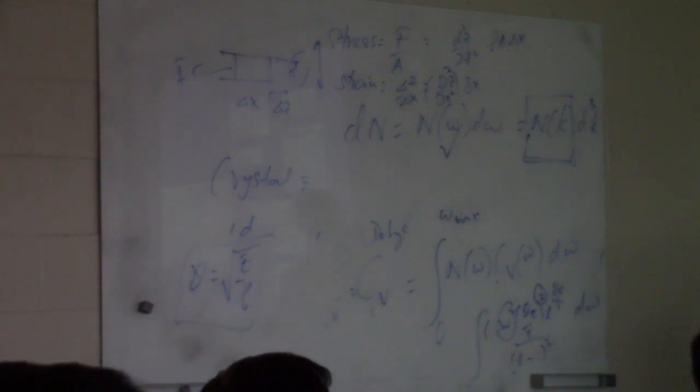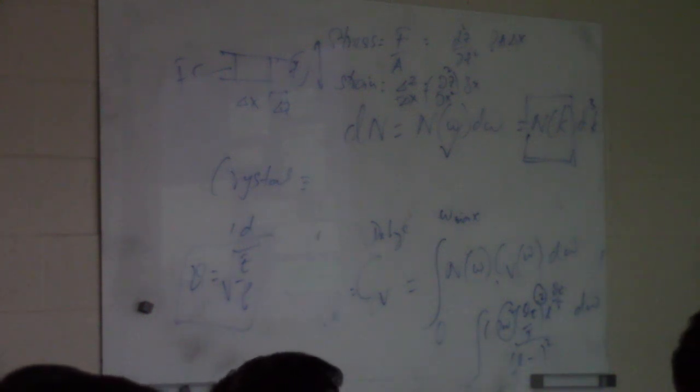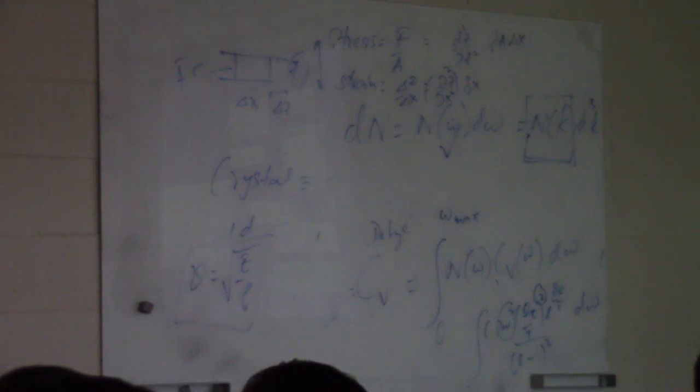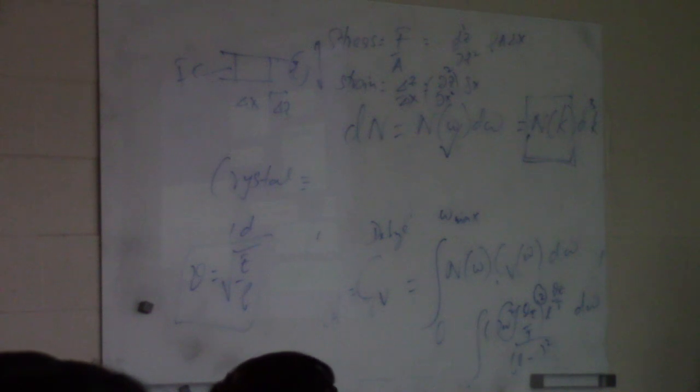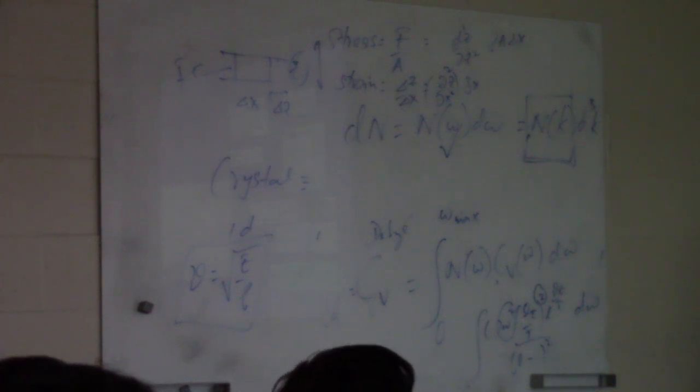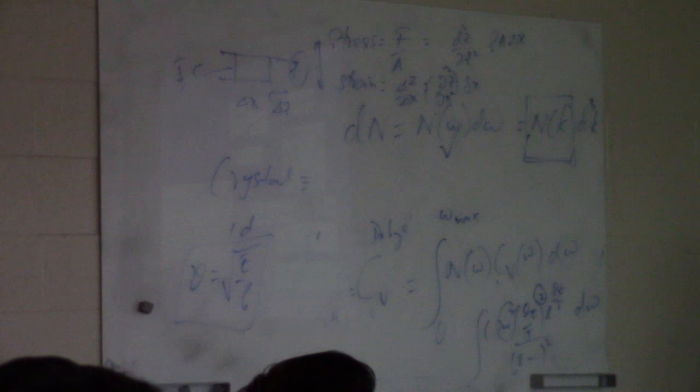If you have one oscillator, what is the average energy of that oscillator? We know it can be filled to some state, n h cross omega, right? But what is the average energy of that oscillator? That we calculated using that Boltzmann distribution function, right?